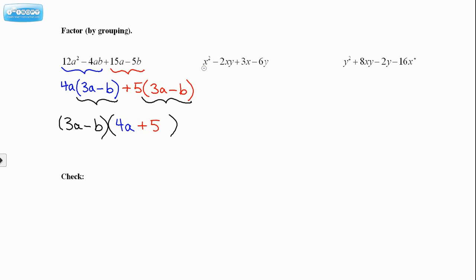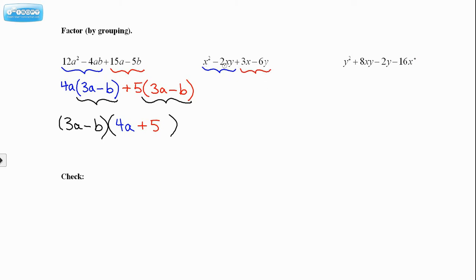In the next example, I have x squared minus 2xy plus 3x minus 6y. First step is we always look for a GCF that works for all four of these terms. And I can tell by looking at them, there isn't one other than 1, which doesn't really do anything. So now I'm going to move on to this grouping technique, and I'm going to try and factor these two binomials within this polynomial.